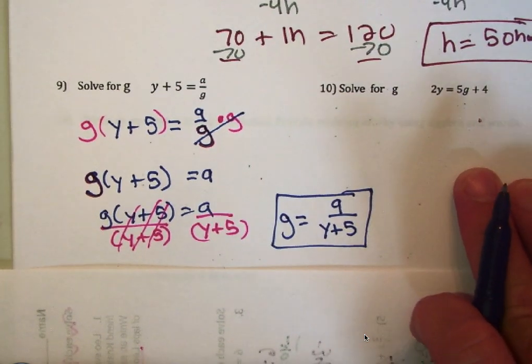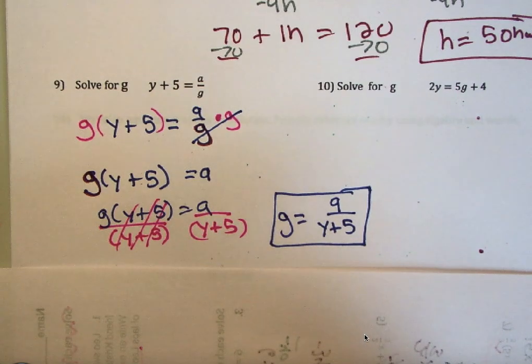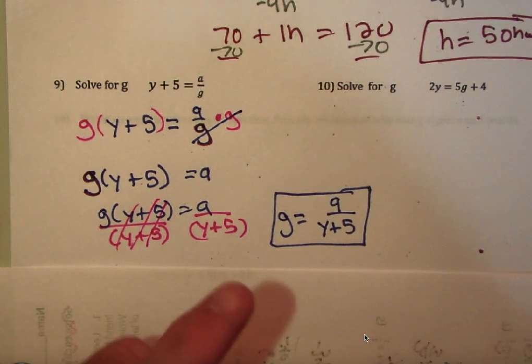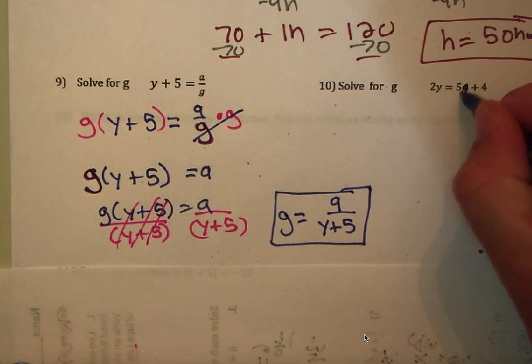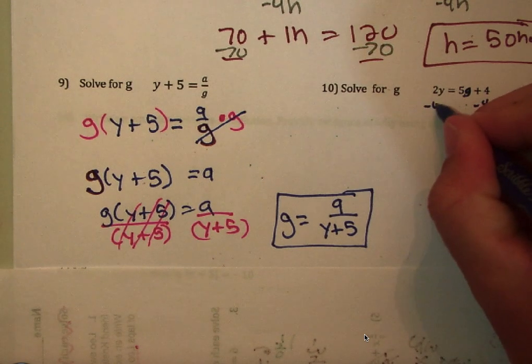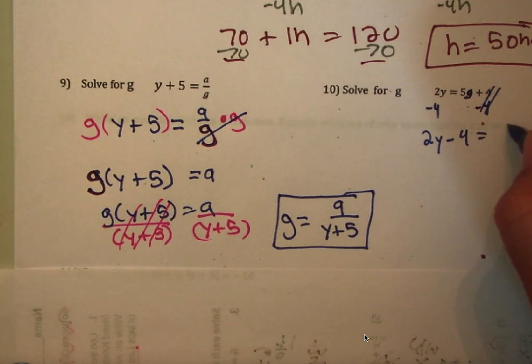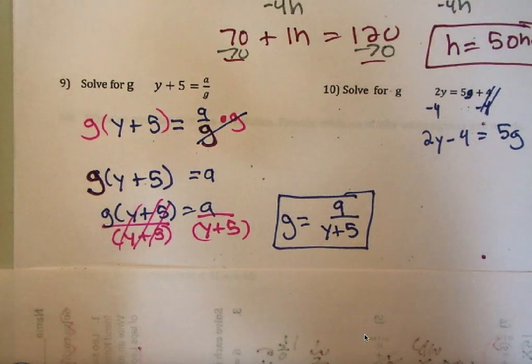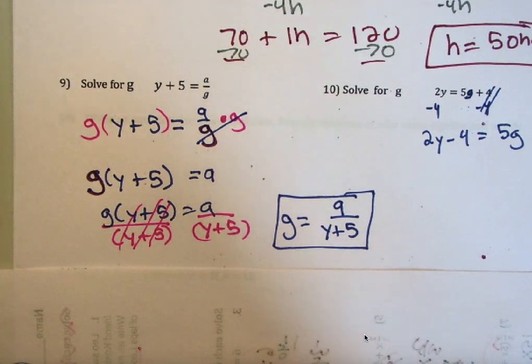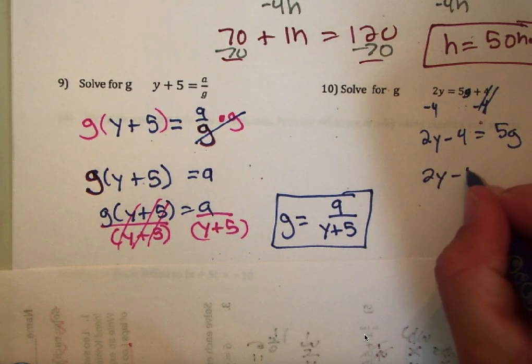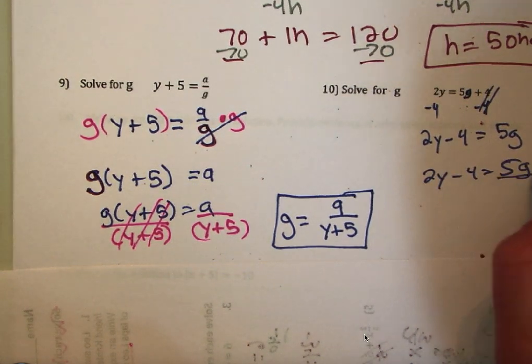Number 10, we're solving this one for g. So here's our g. So we can take away 4. So take away 4. And now we just divide both sides by 5.